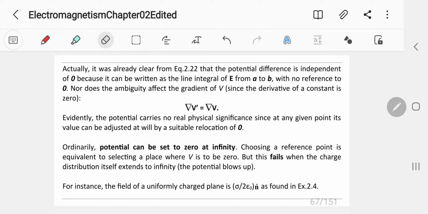Say for example, the value of the potential at x equal to 0 would be some value V sub O. So we can also do that.